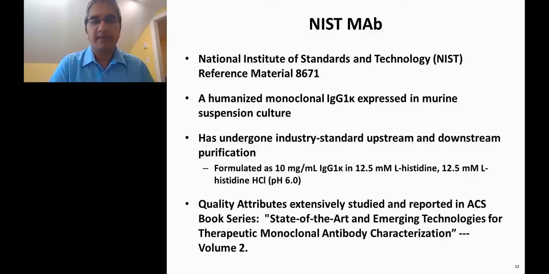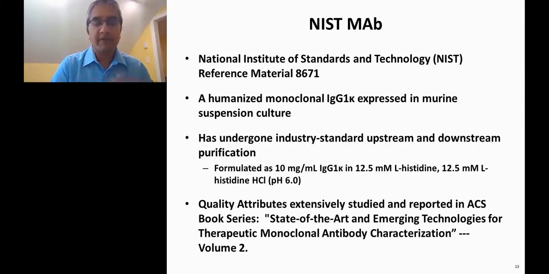It's a humanized monoclonal IgG1 kappa antibody expressed in a murine culture, and it has undergone industry standard upstream, downstream purification and formulation. It has also been extensively characterized using other analytical instruments, including Thermo and Waters, so there is an extensive amount of reference data available in several publications for this antibody.